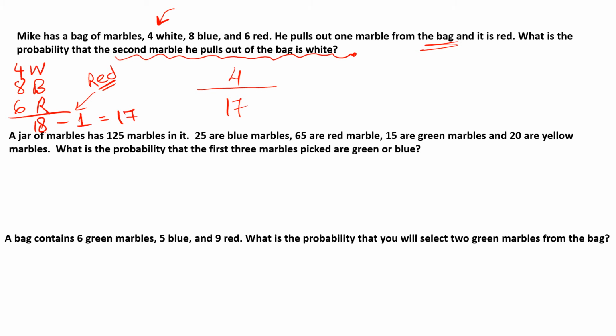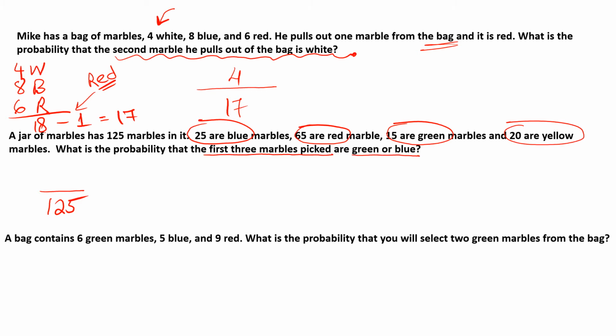Now, a jar has 125 marbles in it. It means the total number of outcomes is 125. 25 are blue, 65 are red, 15 are green and 20 are yellow. What is the probability that the first marble picked is green or blue?